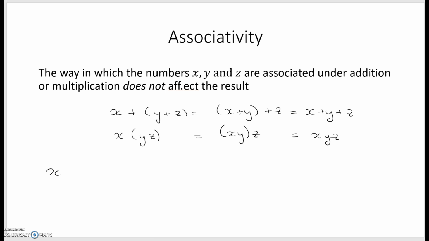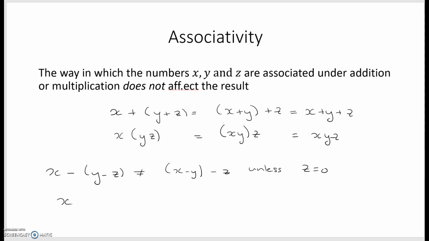So let's have a look. x minus y minus z is not the same as x minus y minus z grouped the other way, unless z is 0.